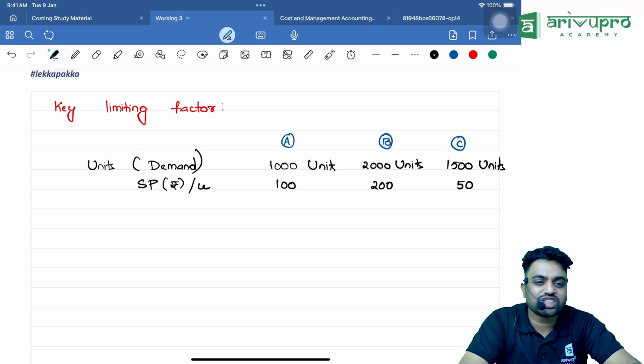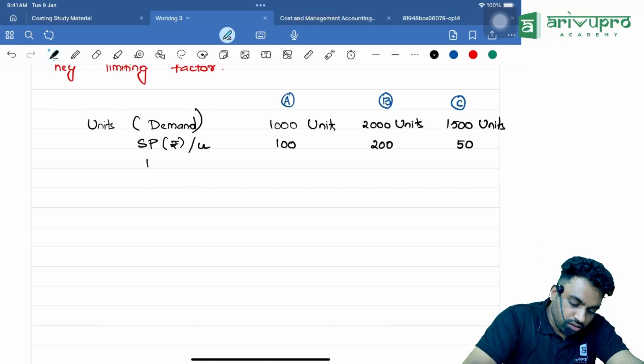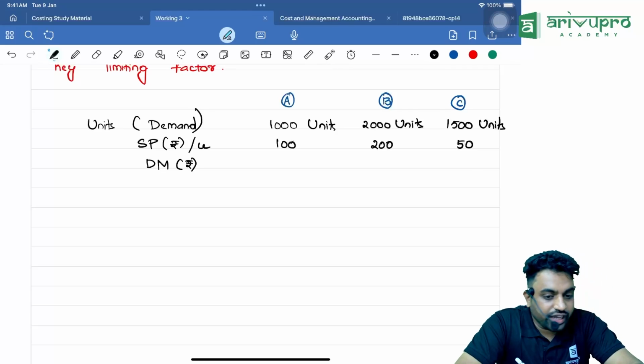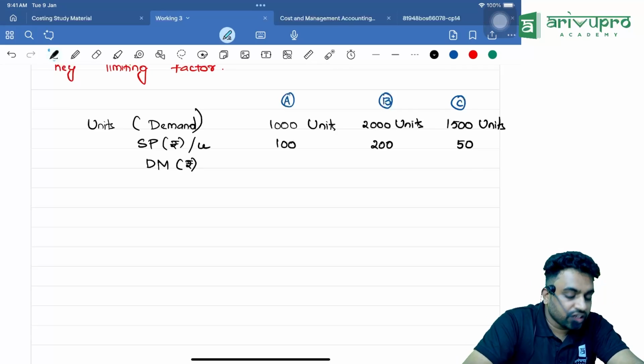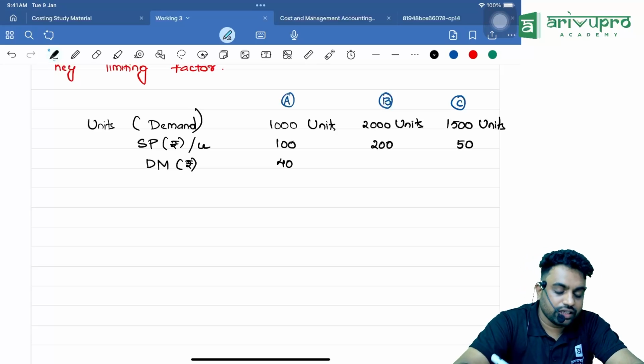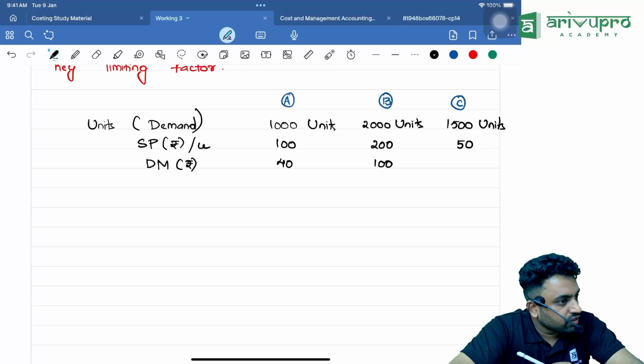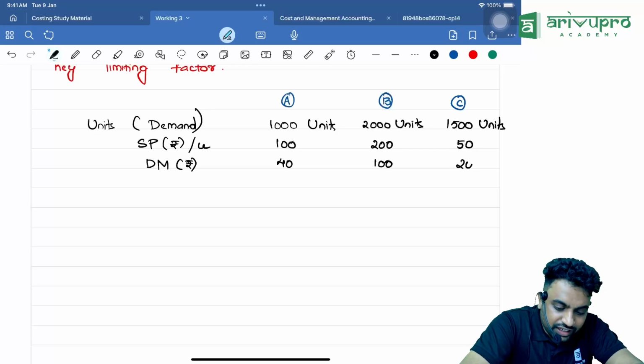Instead of variable cost, I will write it as direct material. For A, you need 40 rupees direct material. For B, you need 100 rupees direct material. For C, let's say 30 rupees direct material.